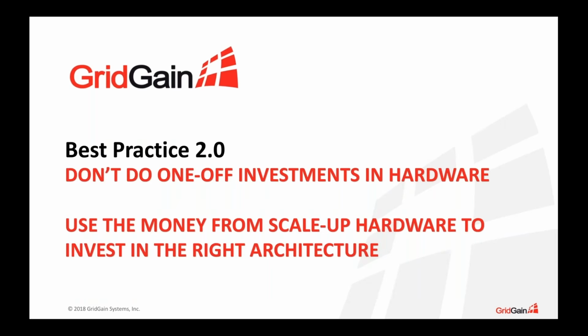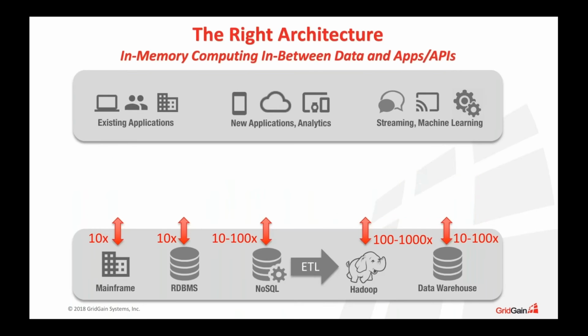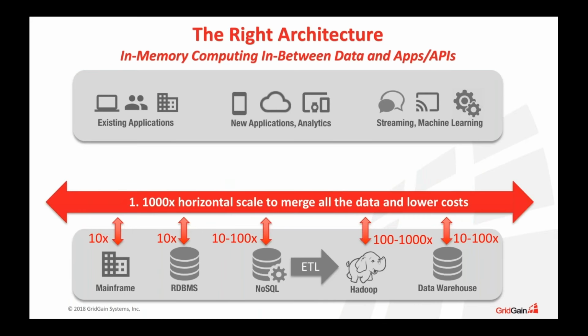But don't do one-off investments in hardware. What people are doing is taking that expensive scale-up hardware money, and instead of just using it as a Band-Aid, they're investing it in the right architecture up front. That right architecture works like this: first, you add something that scales out, that can merge the data using lower cost scale-out infrastructure.